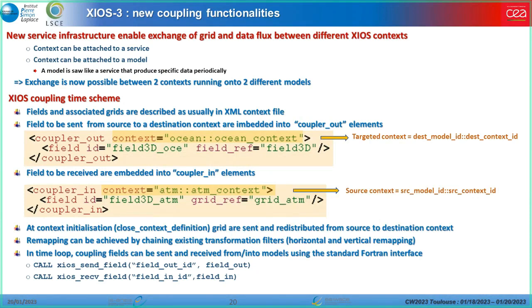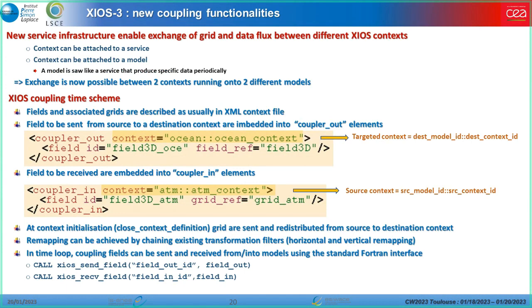And so how to decide to send a field to another context. So we introduce a new element, coupler-out, to say, I want to send a field to another context. The context is identified by the destination model ID and destination context ID. Very simple, and your field is embedded inside.